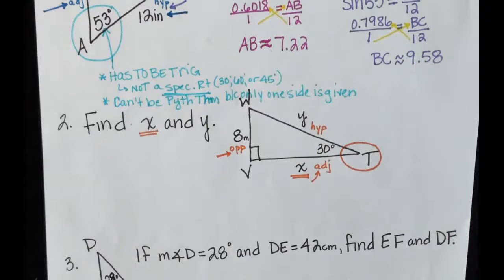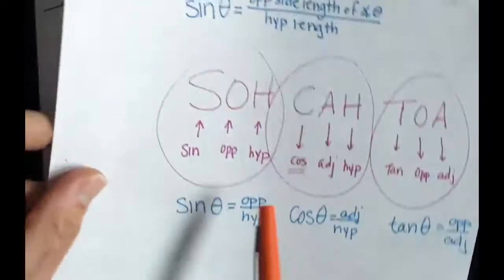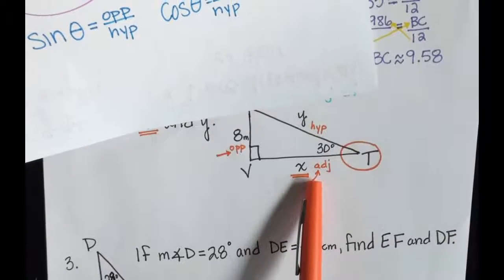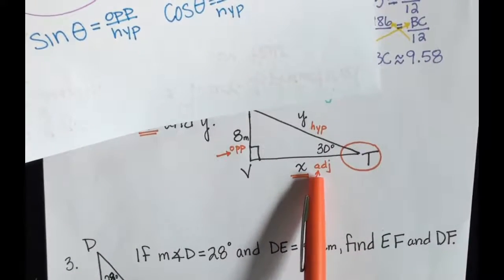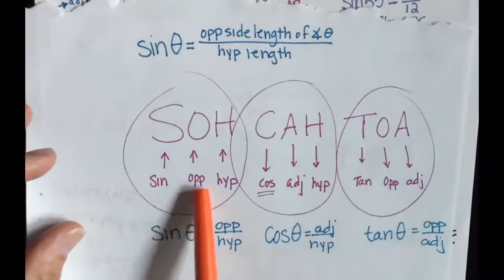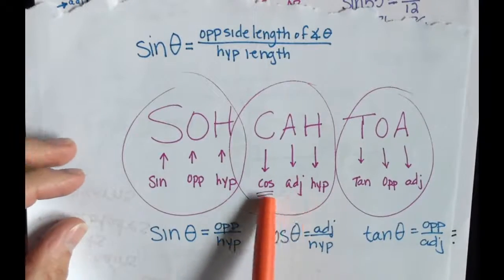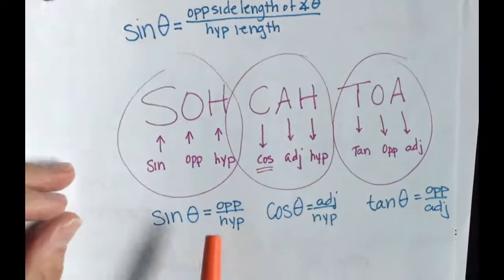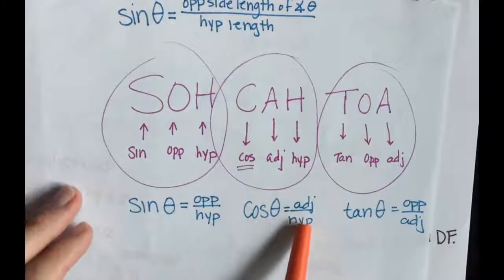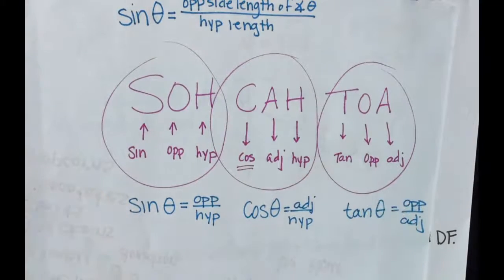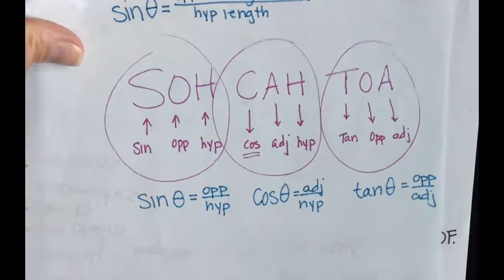All right, so I will agree opposite is a part of sine, but we also are looking for x, which is adjacent. So I need opposite and adjacent to appear in the same equation. Yep, tangent.